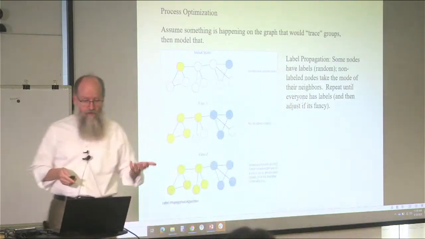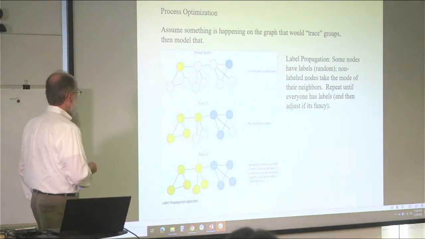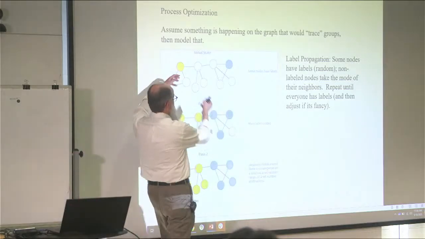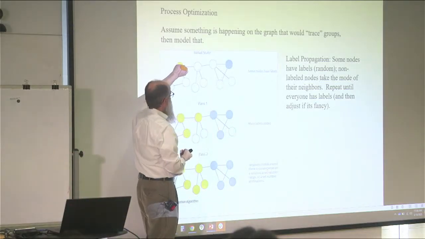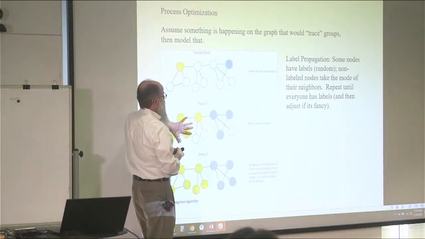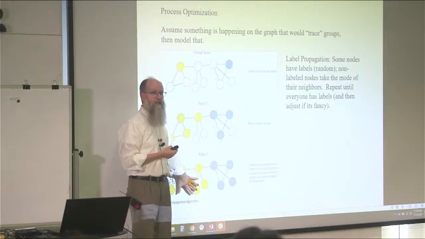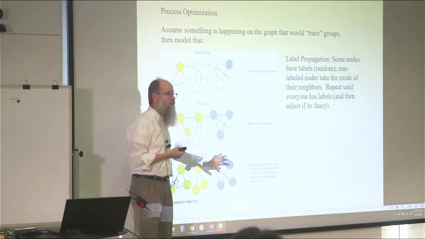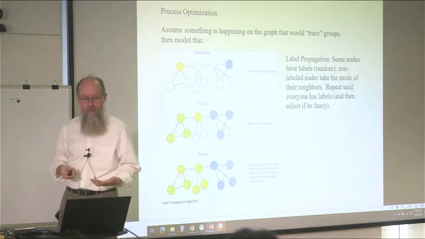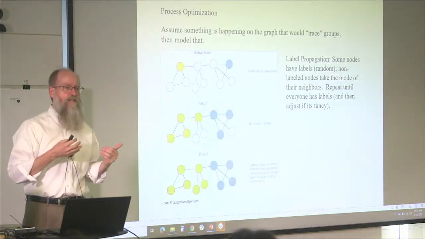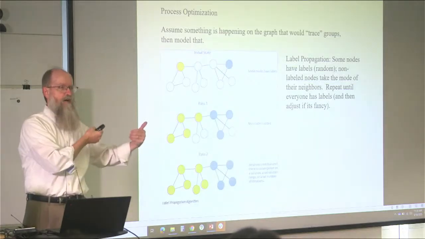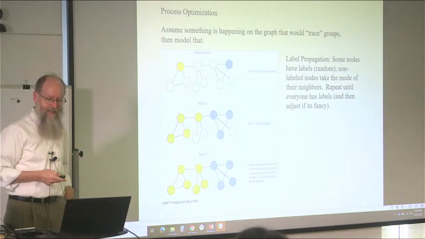A classic version of this is something like label propagation, where we say, let's randomly label some nodes to start with, then diffuse that label to their neighbors, do that in a smart way over and over again, and nodes that share lots of labels should be in the same group, and nodes that share different labels should not be in the same group. Now, "do that in a smart way" is code for a bunch of detail I don't want to talk about right now, but that's the way it works.